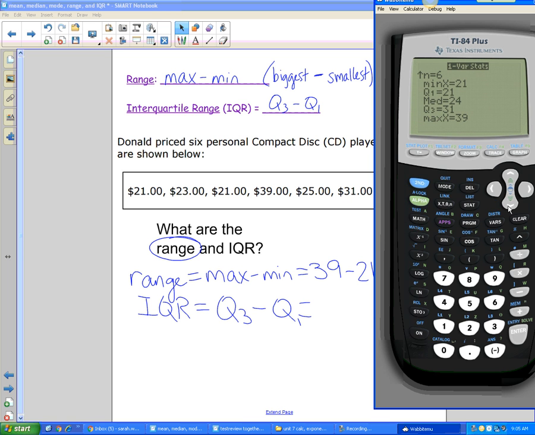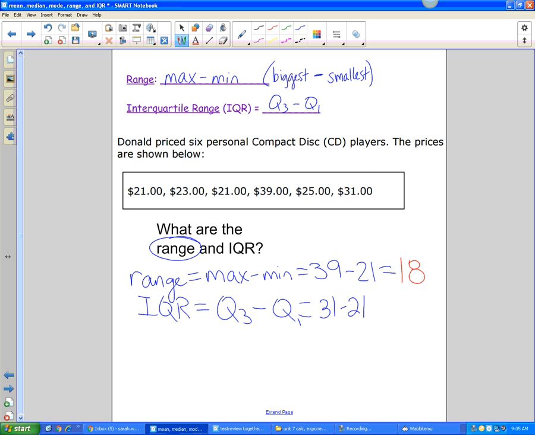What is Q1? 21. So 31 minus 21 is 10. Okay. On your formula sheets, down at the bottom for statistics, it gives you the definitions of all those things we're talking about today. Okay, so your formula sheet would be helpful to use on your homework tonight.